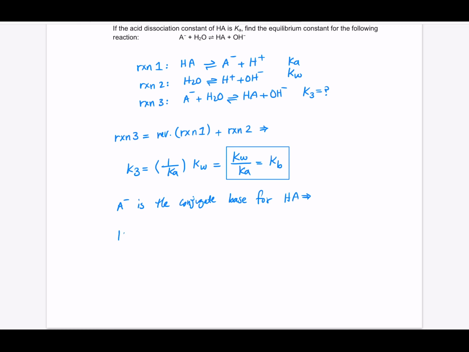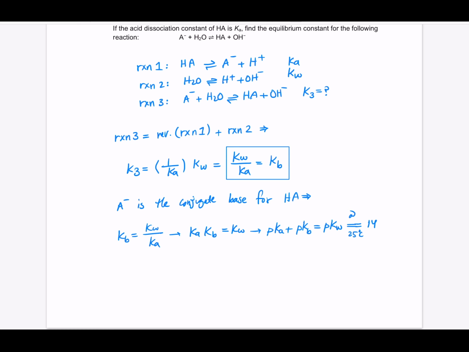therefore Kb equals Kw over Ka, or Ka times Kb is Kw. Or we could take minus log of both sides, and then it would be pKa plus pKb is equal to pKw, which at 25 would be 14.